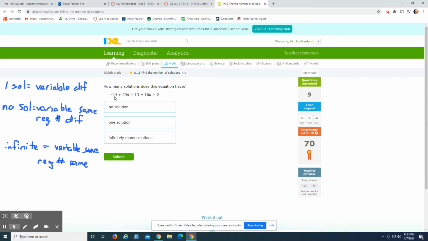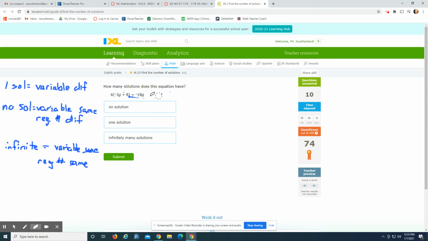-4 and 20d becomes 16d, because when you add them together, that's 16d. 16d is what we have here. But then we have -13 and +2. Those are different, so that means no solutions.